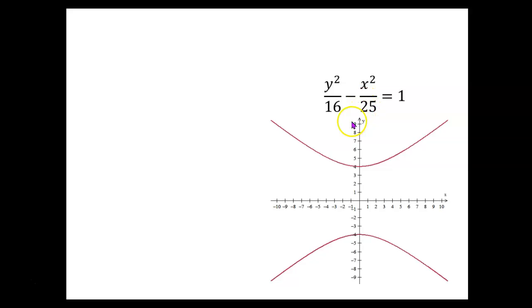Now take a look at what's going on with this hyperbola. If we put 0 in for x, then we just get y squared over 16 minus 0 equals 1. And the only way that can happen is if y squared is 16, which is when y is either positive or negative 4. So that gives us the points 0, 4, and 0, negative 4 on the hyperbola.